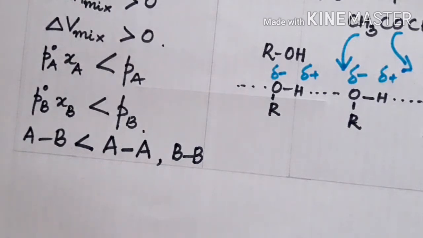Minimum boiling point azeotropes are solutions which behave like a single compound and which cannot be separated by simple physical methods like fractional distillation. They behave like a compound, and it is very difficult to separate out the components from the mixture.